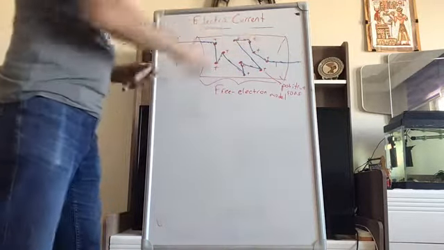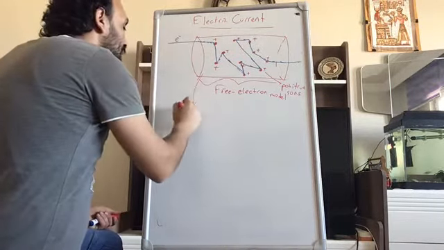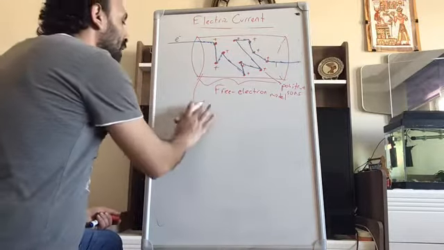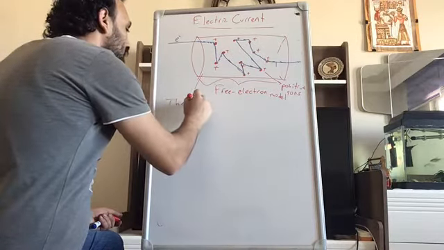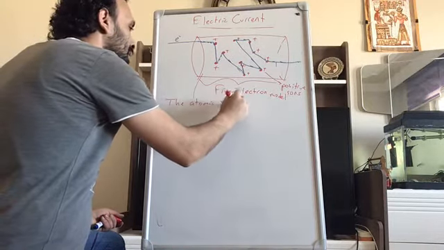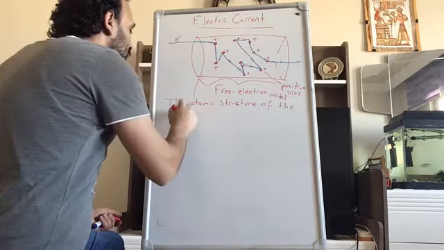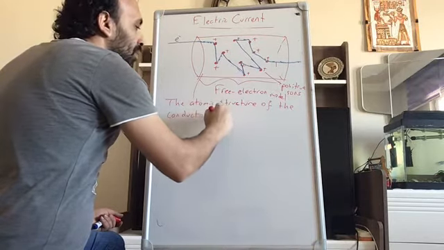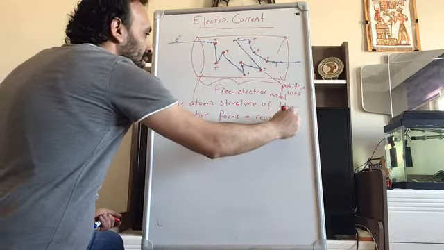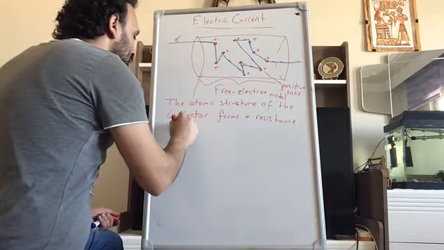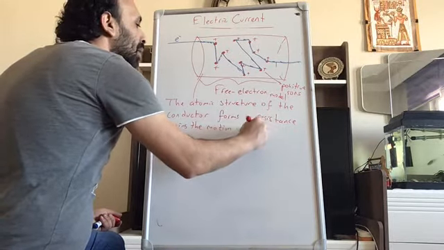And actually this behavior of the materials, these positive ions inside the materials, forms a resistance against the motion of the electrons. So the atomic structure of the conductor forms a resistance against the motion of the electron.